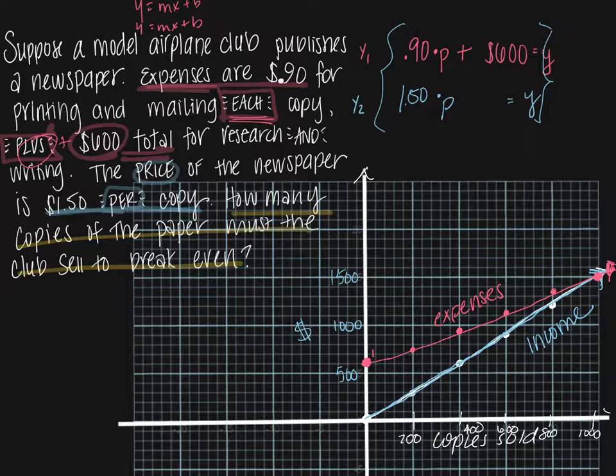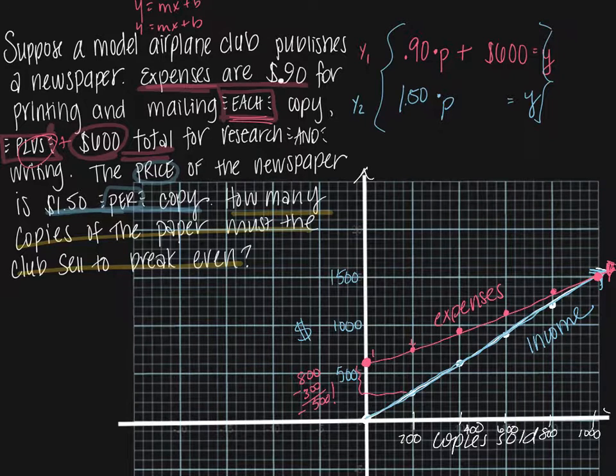If I publish 200 newspapers, I'm spending about $800 right here, and I'm only bringing in about 300. So here, if I publish 200 newspapers, I'm losing about $500. That's a lot.